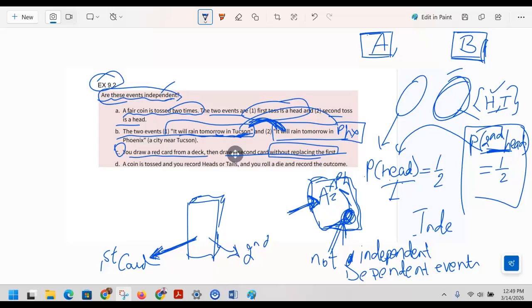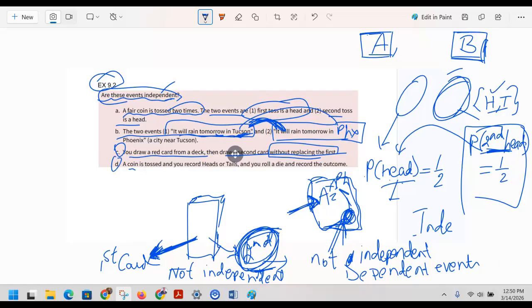The probability of the second card depends on what the first card was, because you have not replaced it back. That's why we say these are again not independent. These are dependent again. Drawing the second card depends on what was the first card.